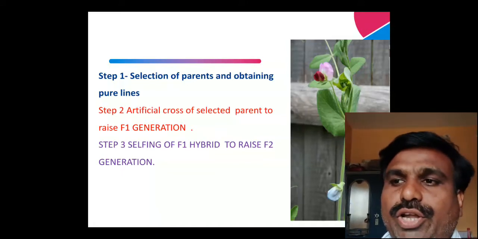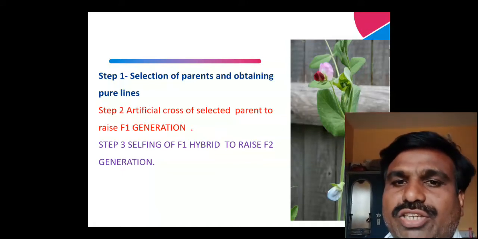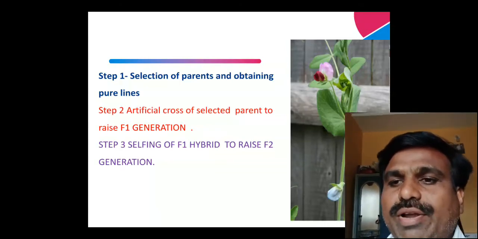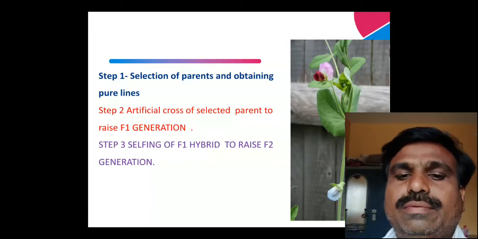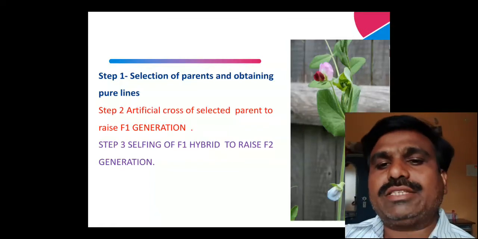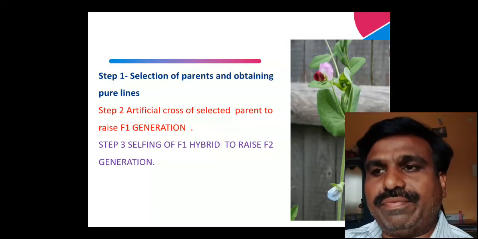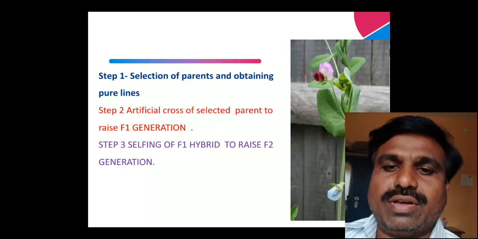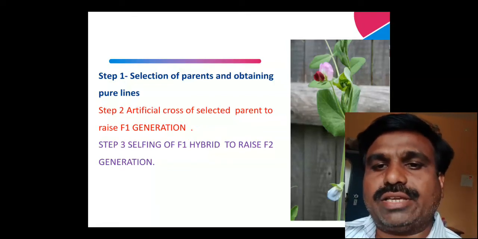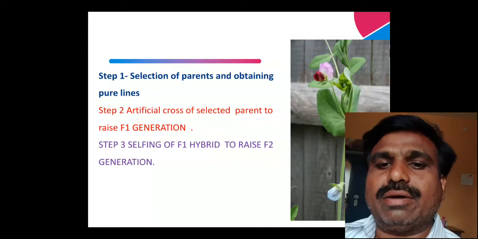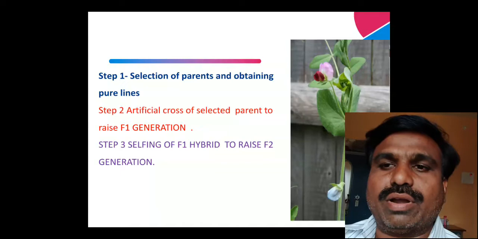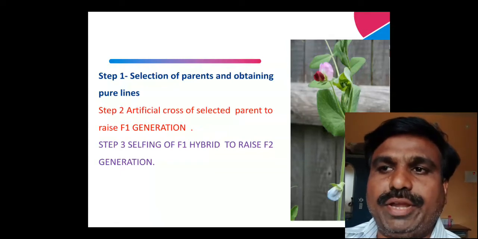Quantitative and qualitative records were kept for the 3 generations, and he conducted the experiment in 3 steps. Out of the 3 steps, the first step is the selection of the parents and obtaining the pure line.